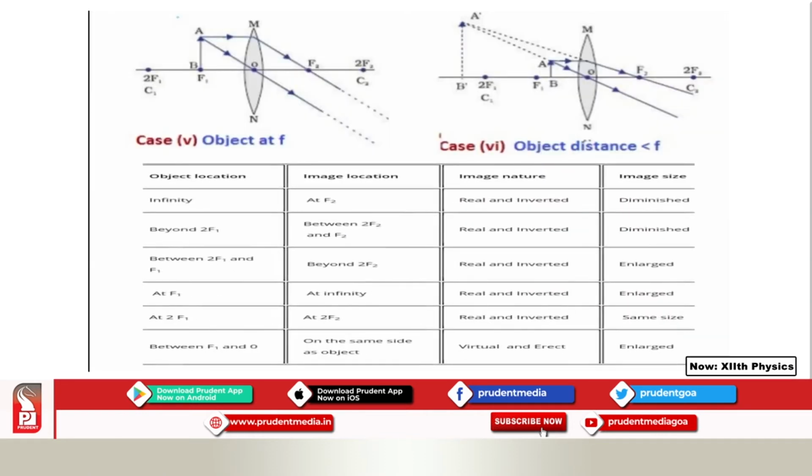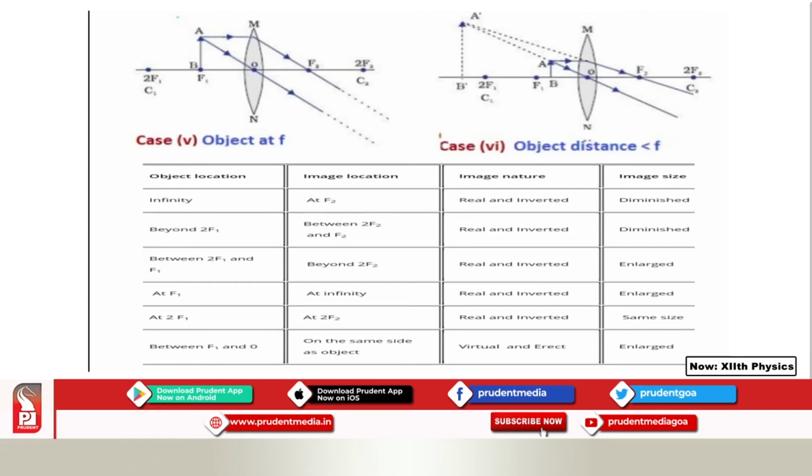Next, I have got the table telling you the same thing that we learned just now. Object at infinity, image at focus, it is real, inverted and diminished. Beyond 2f, the image is going to be between 2f and f, real and inverted, and definitely diminished. Object between 2f and f, then the image is beyond 2f, real, inverted and enlarged.